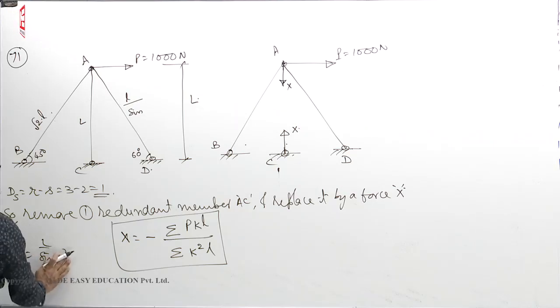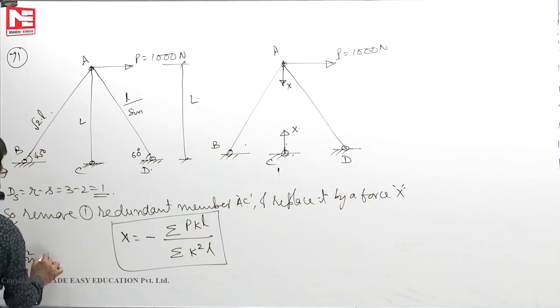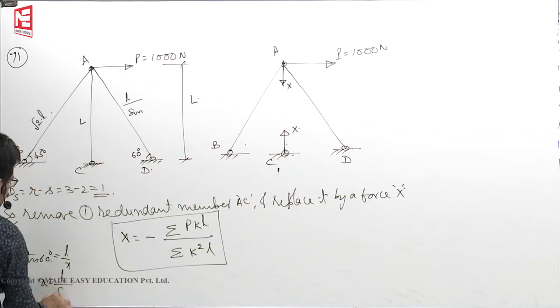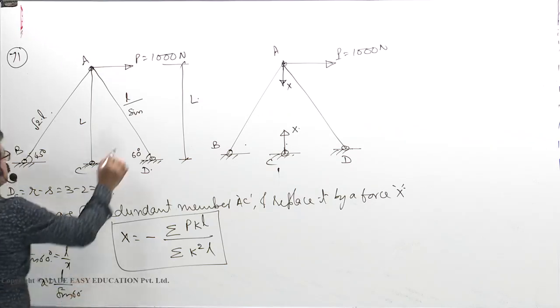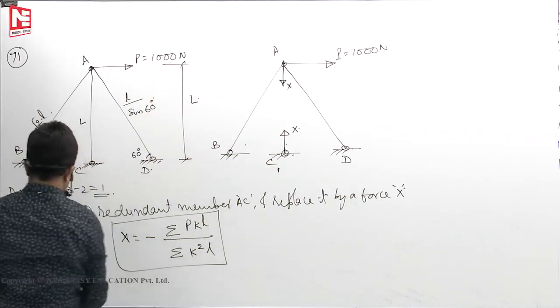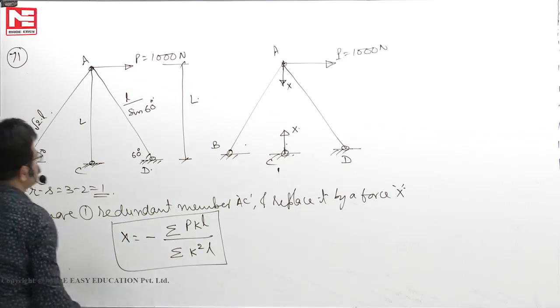Sine 60 is equal to L by X. Sine 60 means L by X. So X you will get L by sine 60. We will simplify these values in the end.